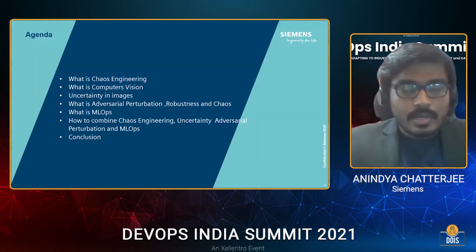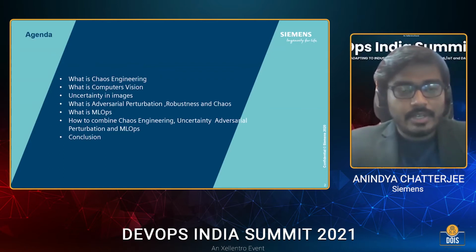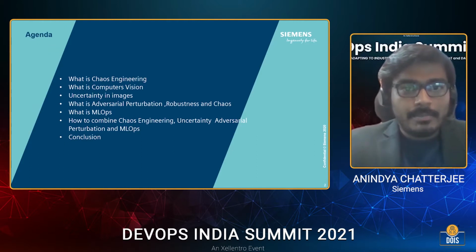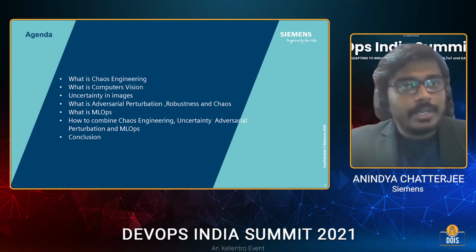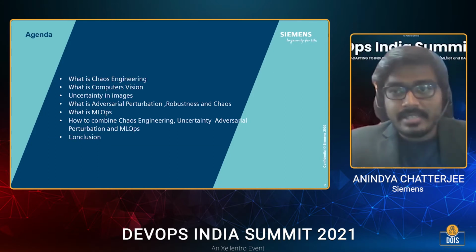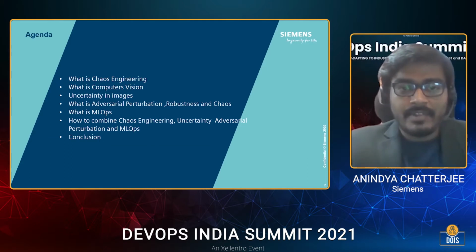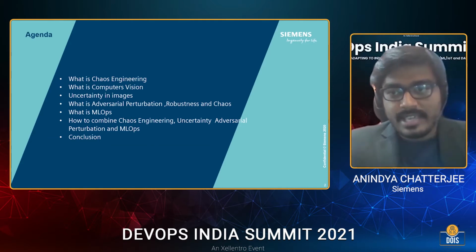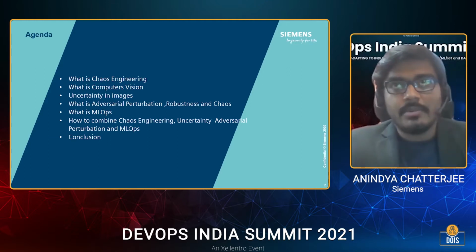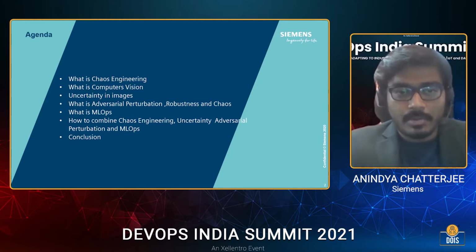So this is what the agenda for today looks like. We're going to talk about what chaos engineering is. We're going to talk about what computer vision tasks we are performing in the industry right now, and how they are being performed. We're going to talk about uncertainty in images. We're going to talk about what adversarial perturbation is, what a robust model is, and what chaos is, and how we can introduce chaos in our models to make them more robust.